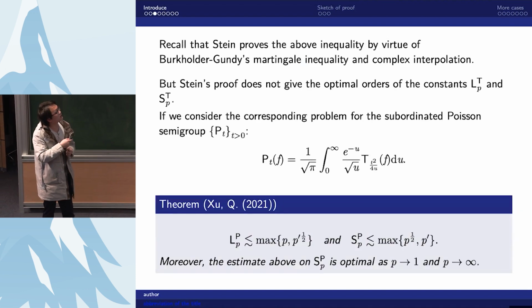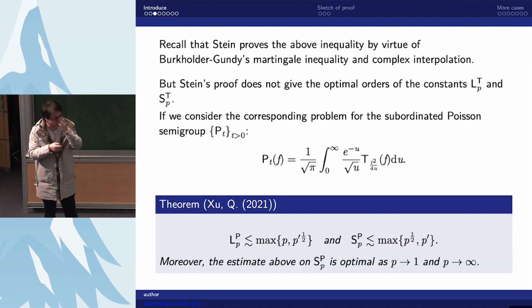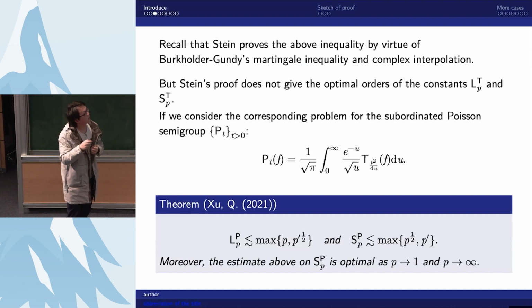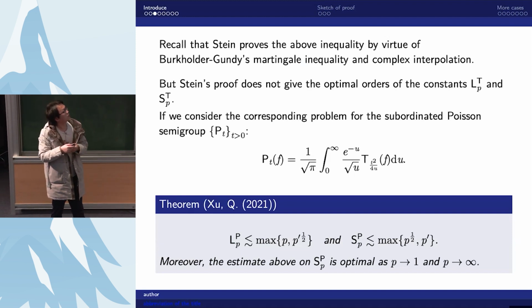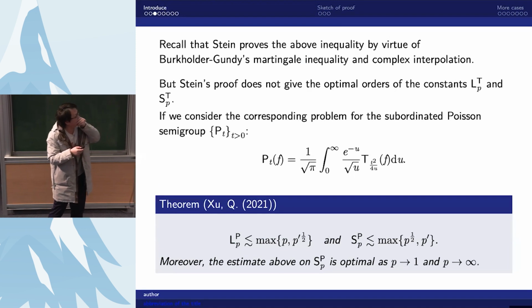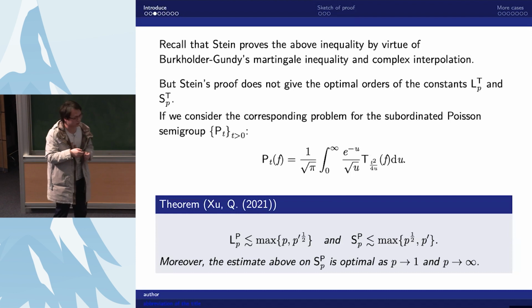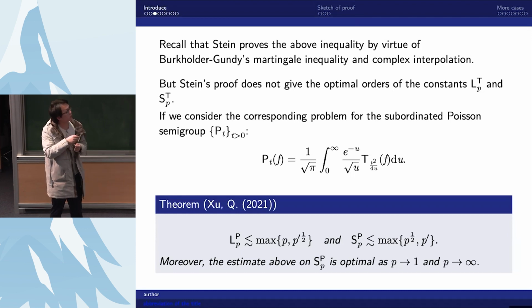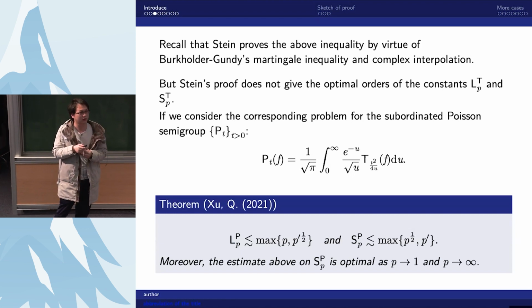Last year, we considered the corresponding problem for the subordinated Poisson semigroup P_t. This is the definition. We know that the subordinated Poisson semigroup is also a symmetric diffusion semigroup.